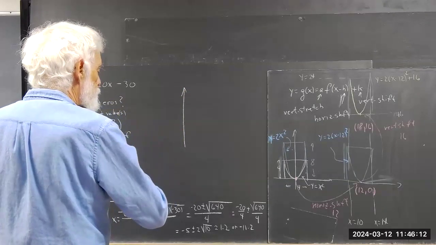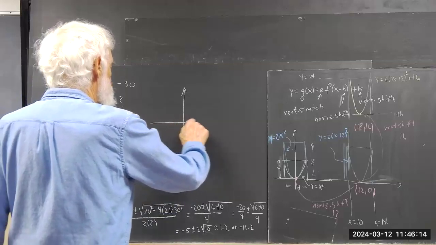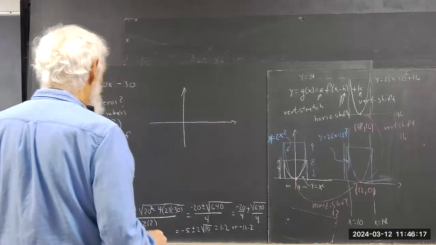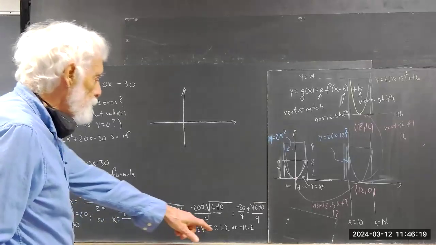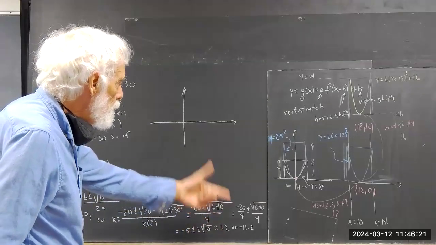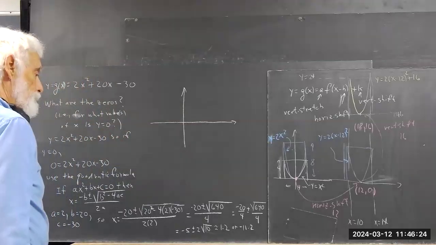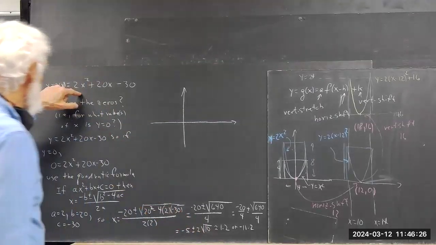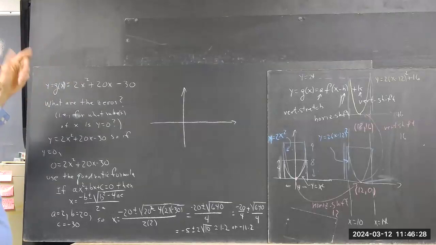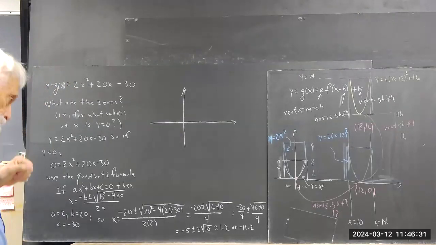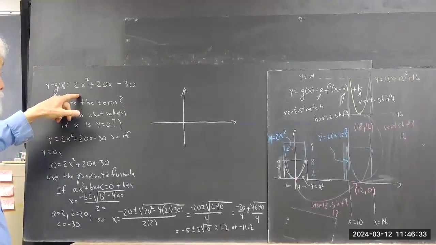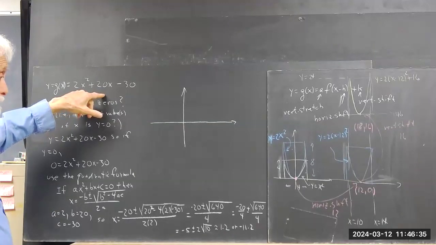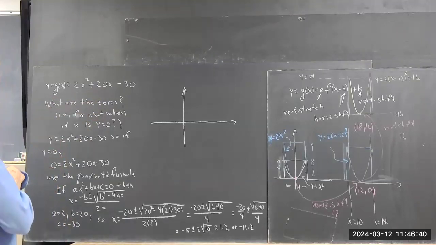So you can start to make a graph. If x equals approximately 1.2, y is going to equal 0. If you put 1.2 in here and square it, you get about 2.88 and 24, a little shy of 30.